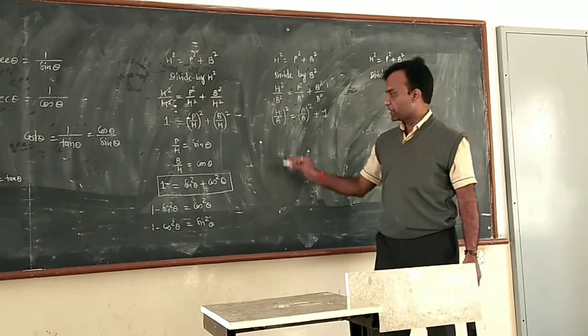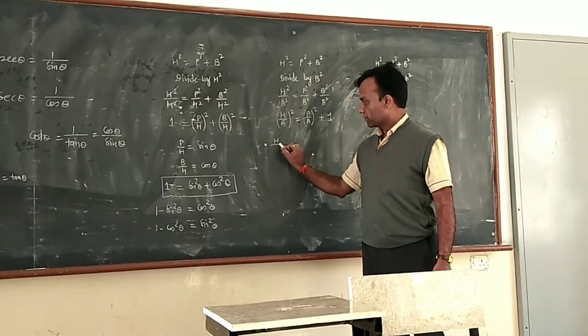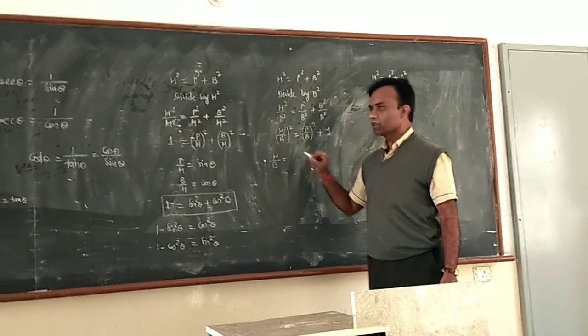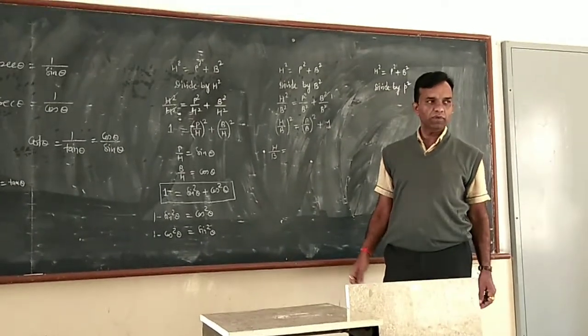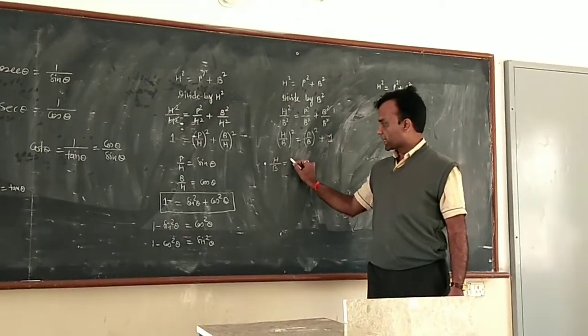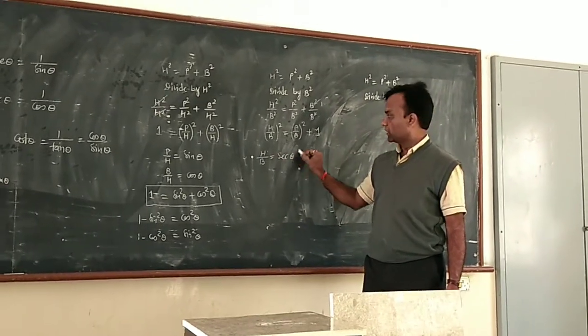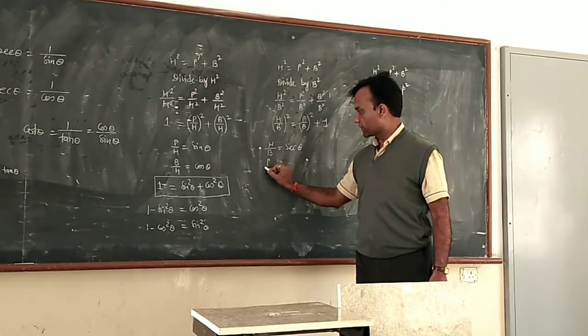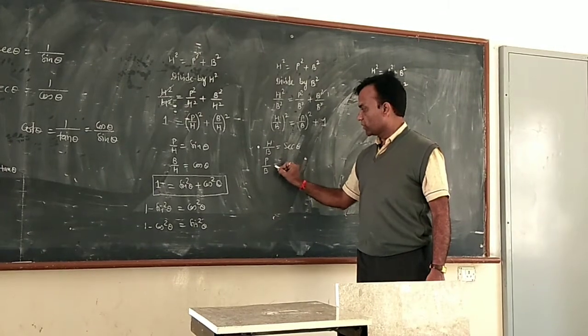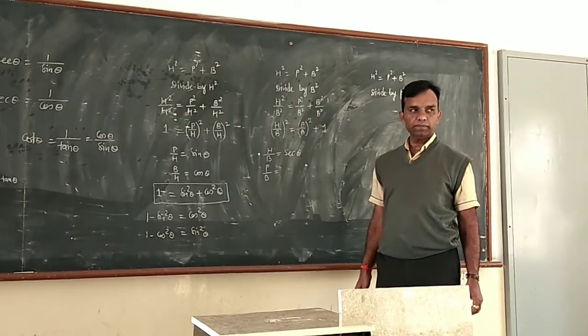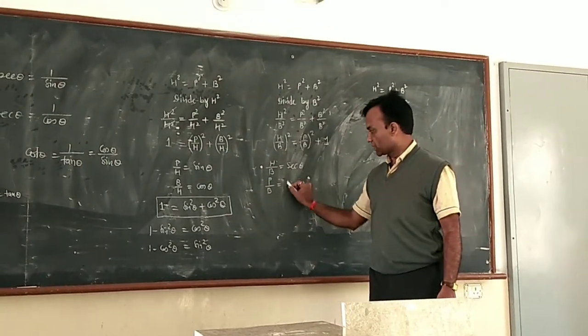What is the formula for h by b? What do you mean by h by b? Beta, in introduction to trigonometric functions we also know sec theta. So in place of h by b you put sec theta. Similarly, p by b. What do you mean by p by b? Tan theta.